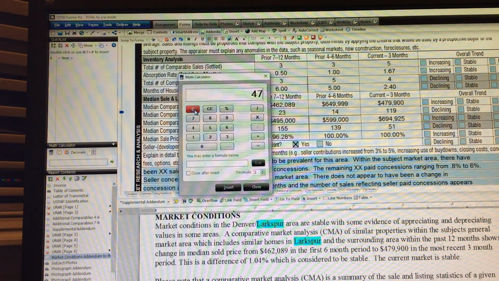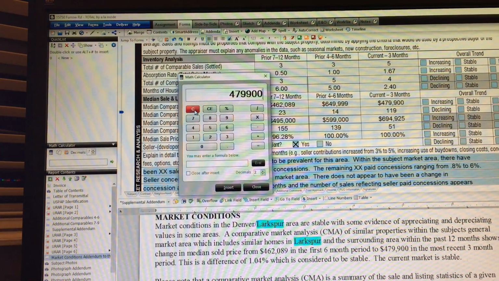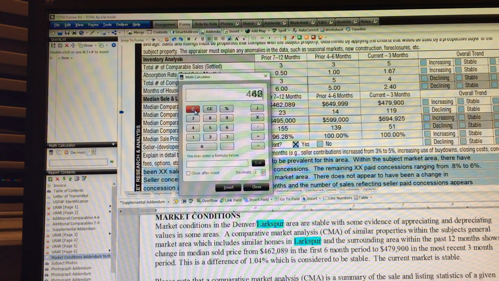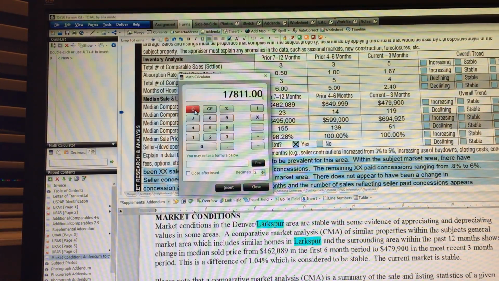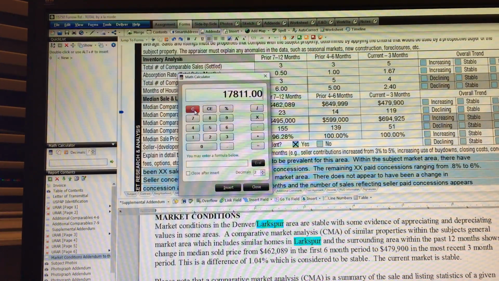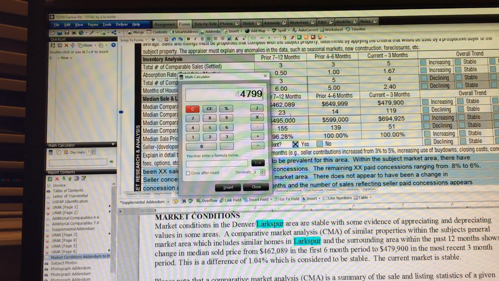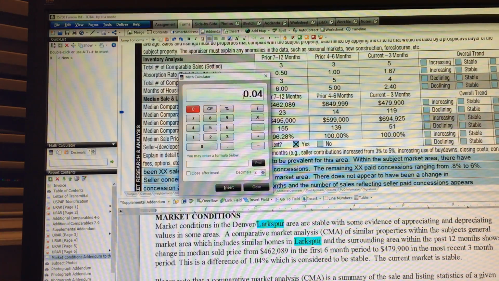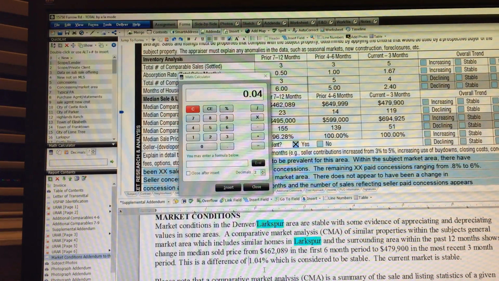I'm going to take the 479.9 and subtract the 462 to find the difference between the two, and then divide that by the 479. That gives a percentage of change. So it looks like our market is increasing at a rate of 4%.